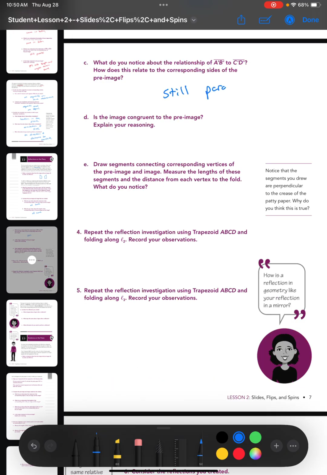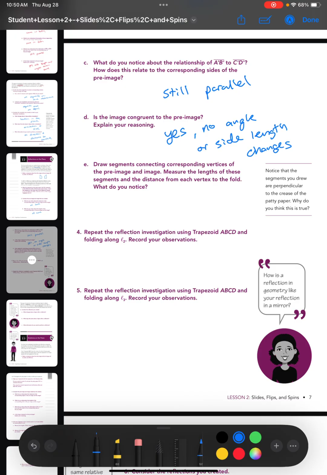So they are still parallel. Okay, is the image congruent to the pre-image? Yes. Again, we are not changing angles or side lengths. So no angle or side length changes.